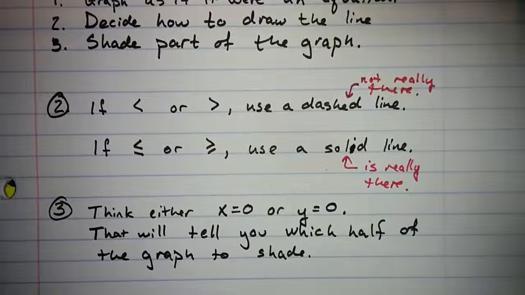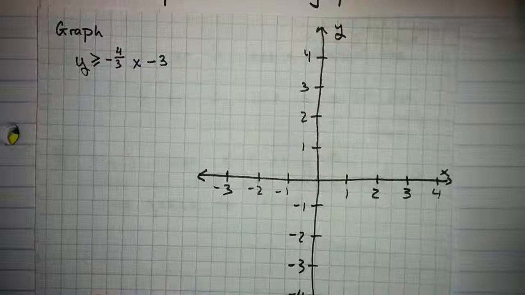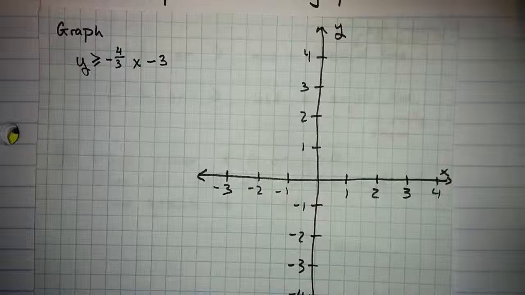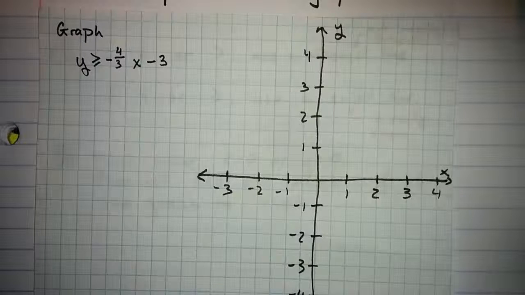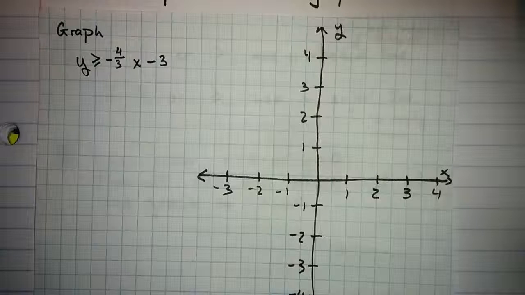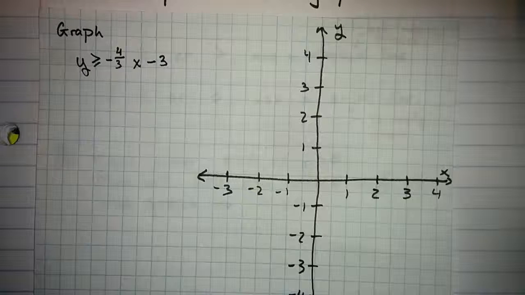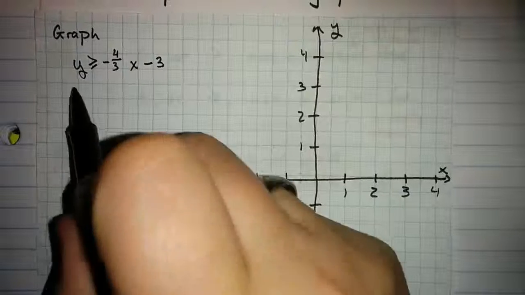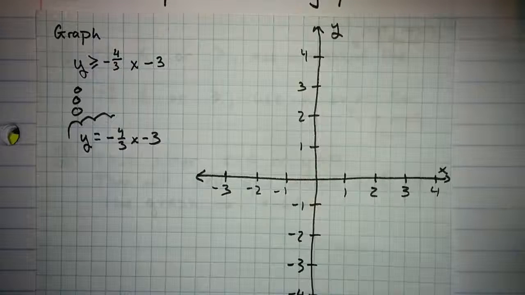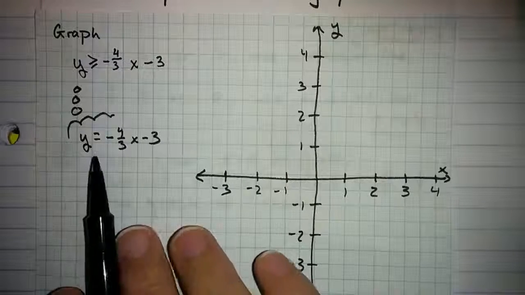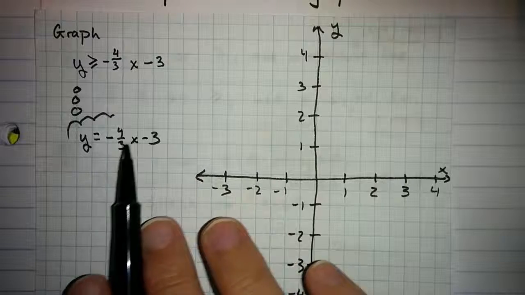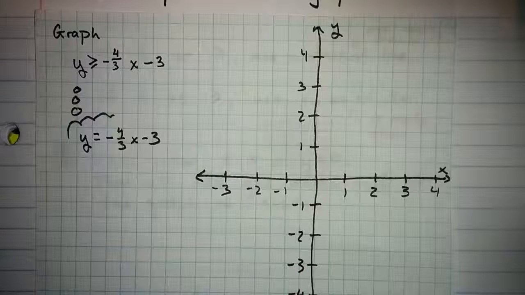I'm going to give you one of these to try. Graph the inequality y is greater than or equal to -4/3 x minus 3. Pause the video and try this now. Okay, so first we're thinking of graphing this equality, right? We're thinking about what we would do if we were graphing y equals -4/3 x minus 3.